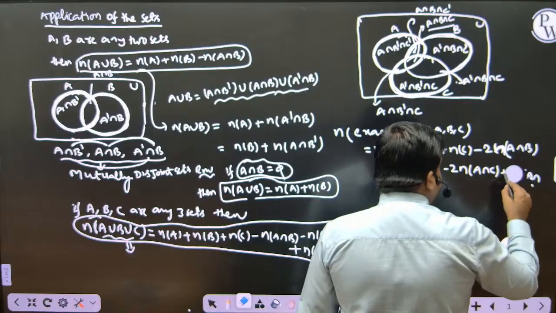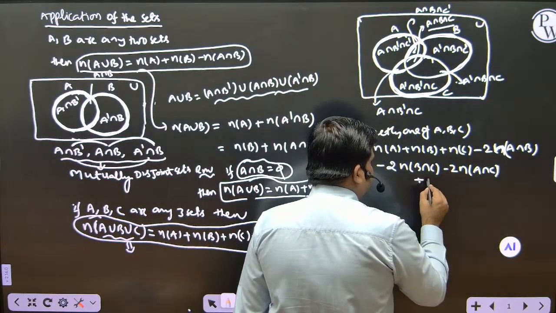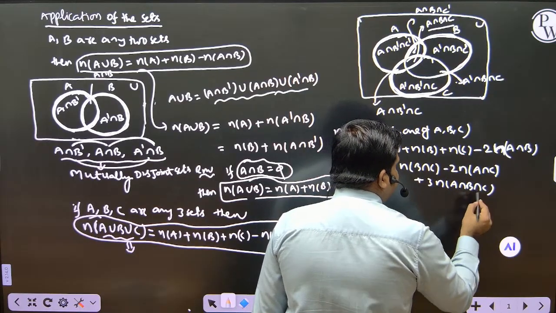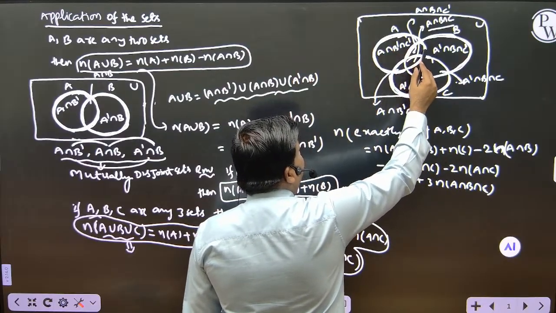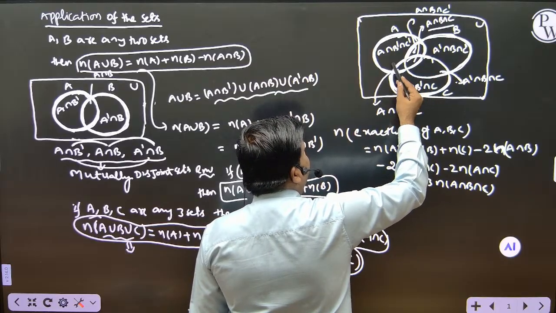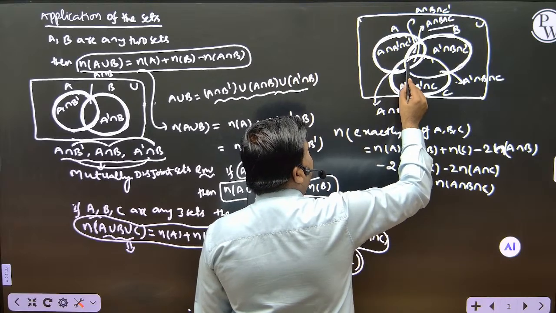That is exactly this, plus 3 times n of a intersection b intersection c. That means we just add this part. How do we get this part? From n of a, you delete a intersection b and a intersection c. Later you add this one.